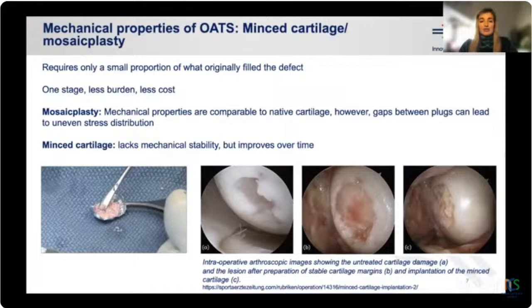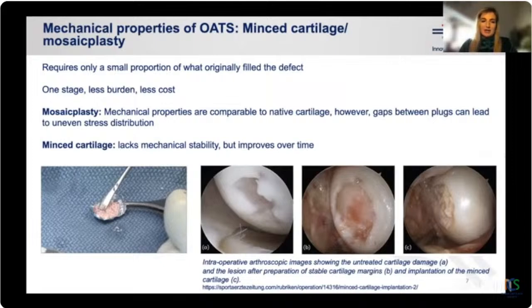Now, getting closer to the OATS, as Dr. Rahul already mentioned, we can have a couple of mosaicplasty grafts, and their mechanical properties are very comparable to the native cartilage. Sometimes there is literature that claims that gaps between the plugs can lead to uneven stress distribution, which might lead to further defects.